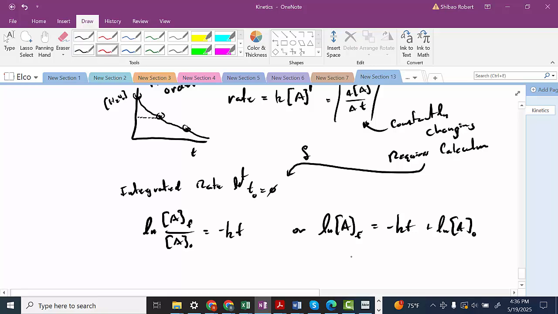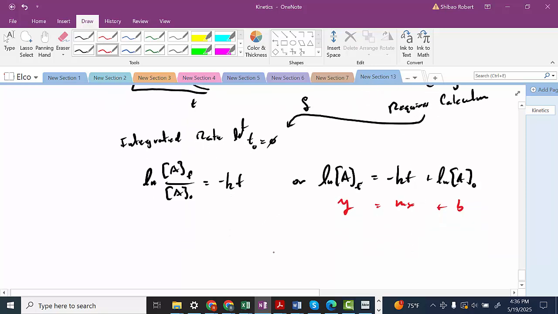So this, we can make a linear plot. y is equal to mx plus b. b is going to be a constant here because A0 is not a variable here. And so this equation here is useful for figuring out how long or how much over here. How long, how much. So that's it.